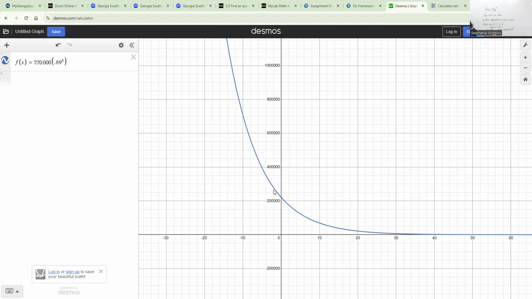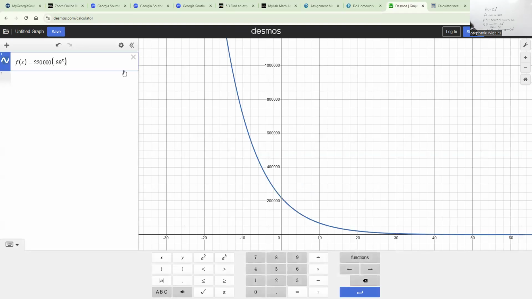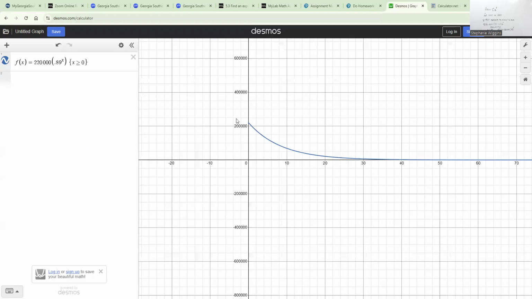So the value of this house is really dropping fast. And since we're not going to be looking at years before, we're going to go ahead and restrict the domain. Let's just say that x is greater than or equal to 0. And so this is a model for the value of our house. I wouldn't want to own that house. That value is going down very fast.